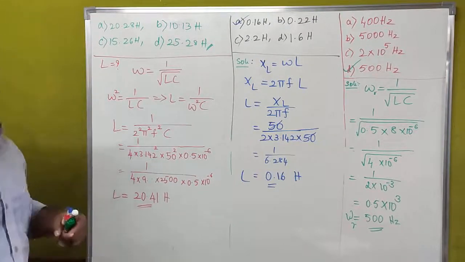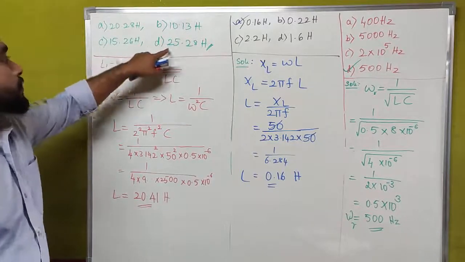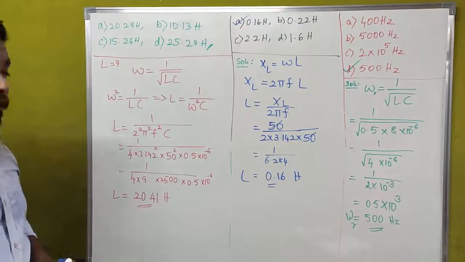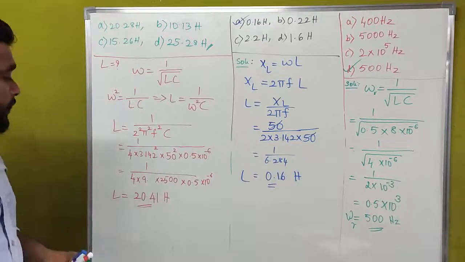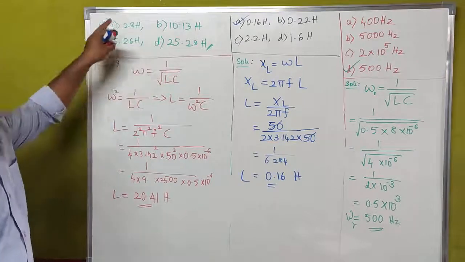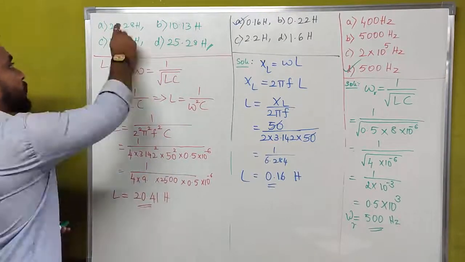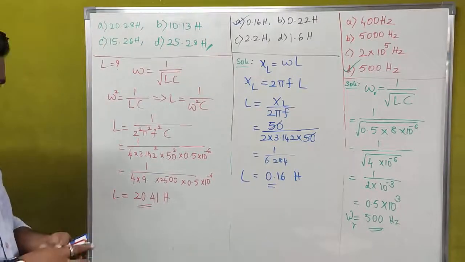Do we have that option? 20.28, 10.13, 15.26, 25.28. No, we don't have that exact option. But this value is approximately equal to which value? That we should find out. Here 20.41 is approximately equal to 20.28.